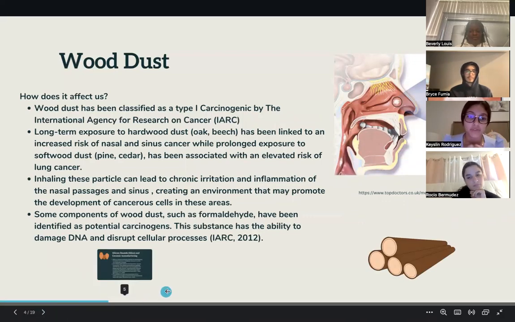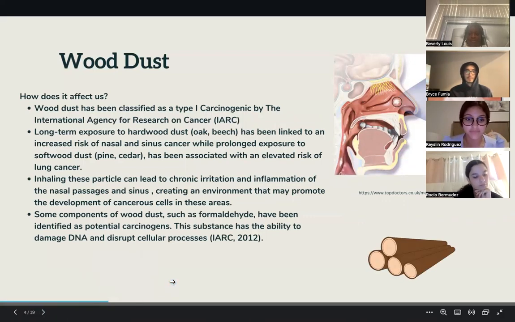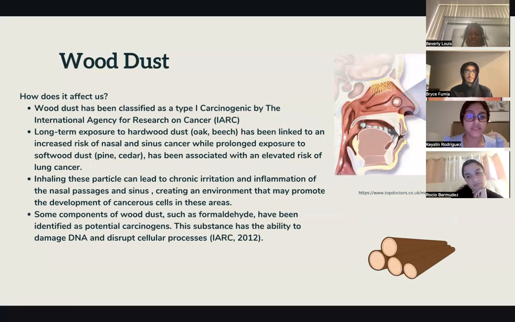So, more about wood dust and how it affects us. Okay, so wood dust has been classified as a type 1 carcinogen by the International Agency for Research on Cancer, IARC. As seen on the picture right here, it can cause sinus cancer, lung cancer, and all sources of cancer in the respiratory pathways.